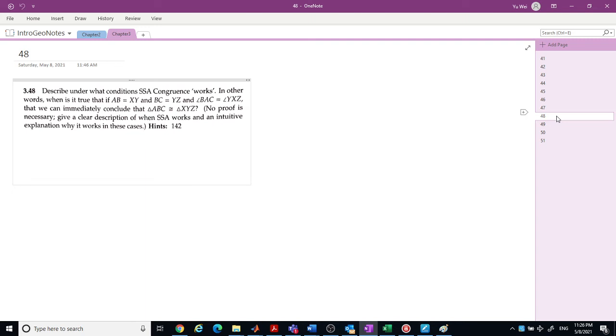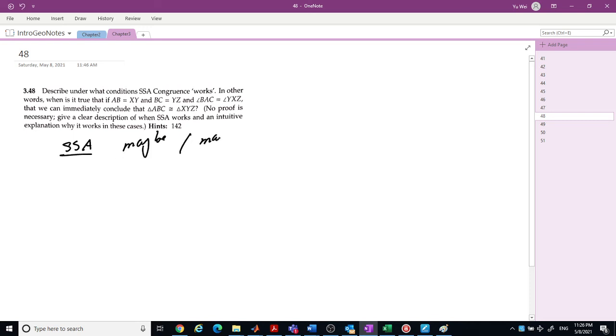Describe the SSA. SSA may not be congruent. Let me show you. Here is AB. The angle A is a constant angle, let's say alpha.